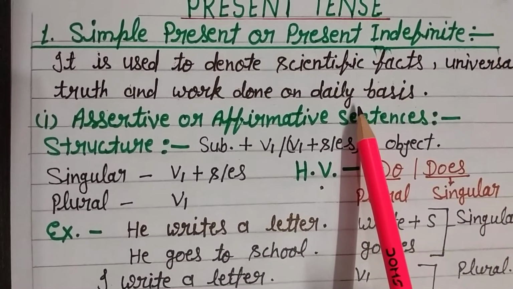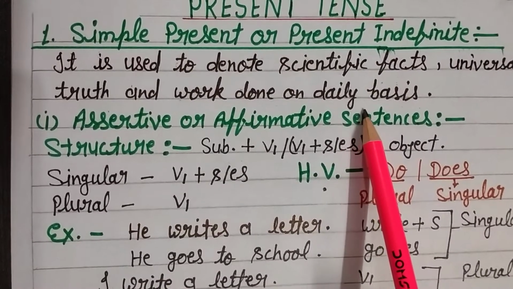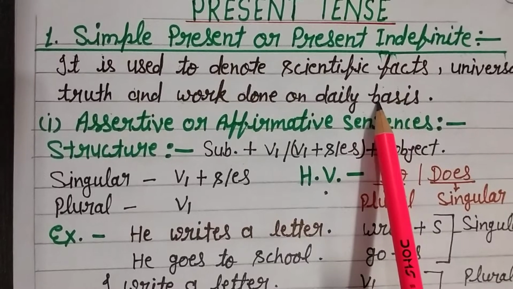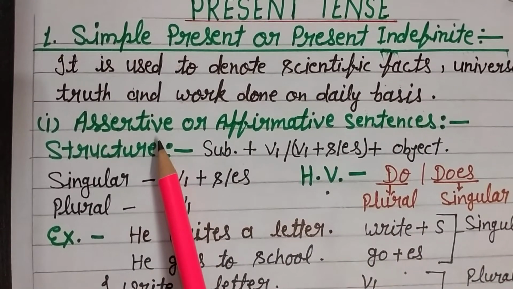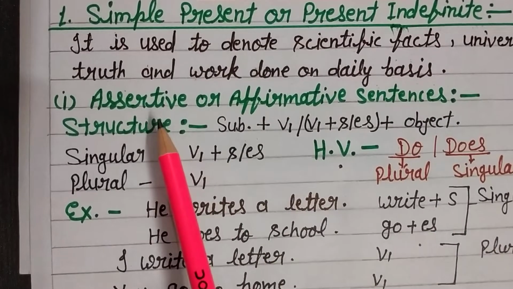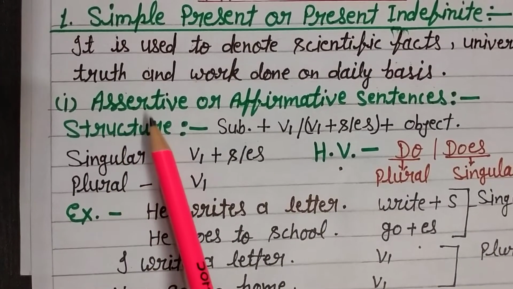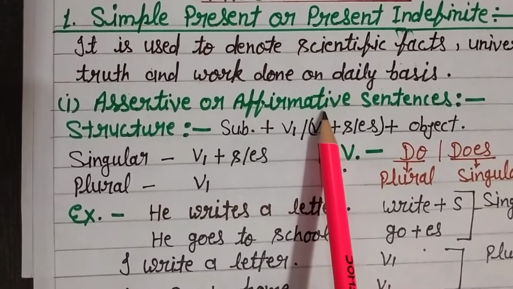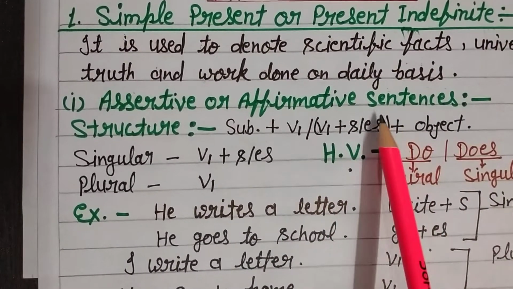It means routine work, our daily routine work. We use simple present or present indefinite tense. So now it is the part of sentences. First part of sentences, assertive or affirmative. We can say it a simple and statement sentence also.